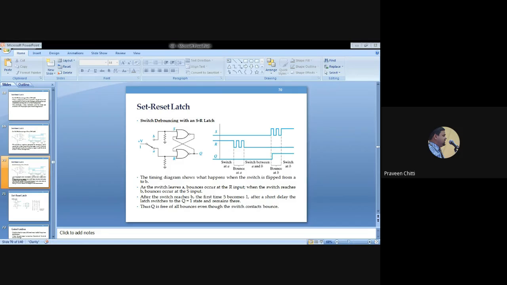Can anybody tell me how an SR latch eliminates the debounce problem? Anybody voluntarily? Give a try. Nobody will come voluntarily. Yes, Richa.